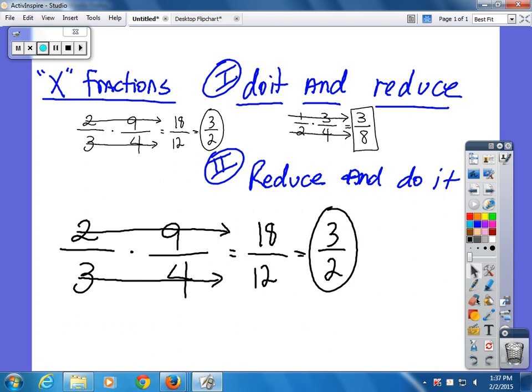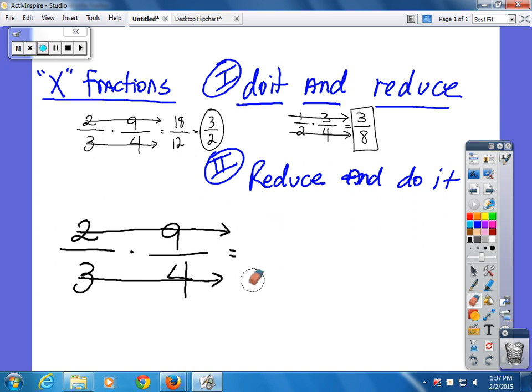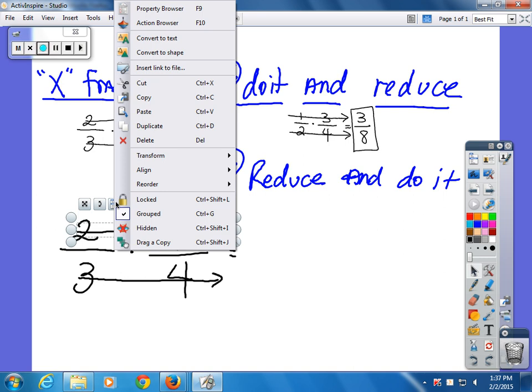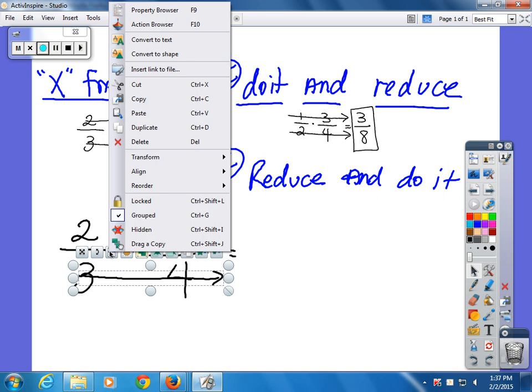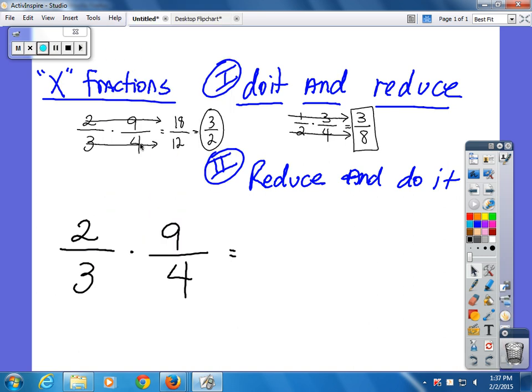And instead of going straight across, what can I do?